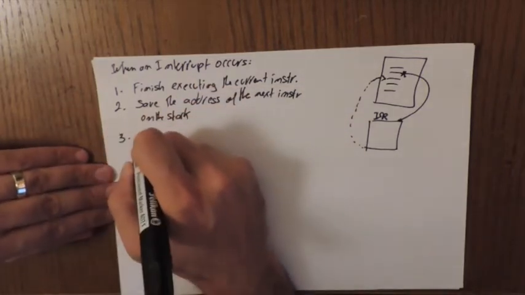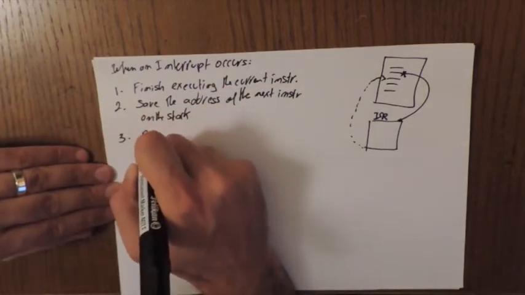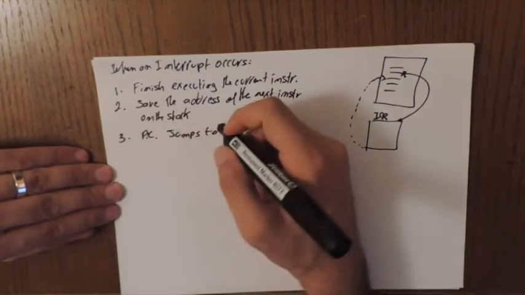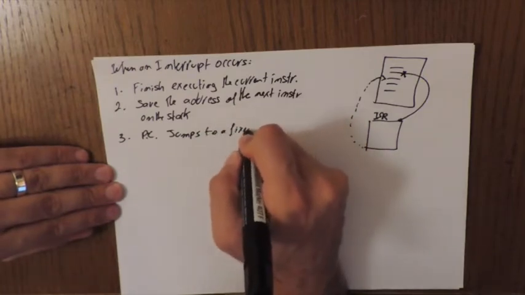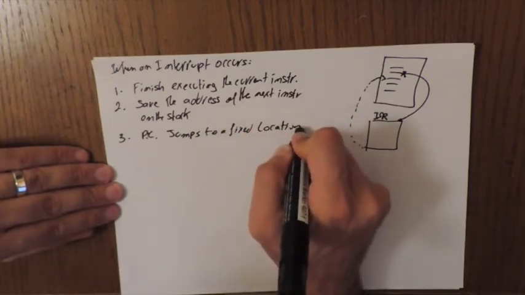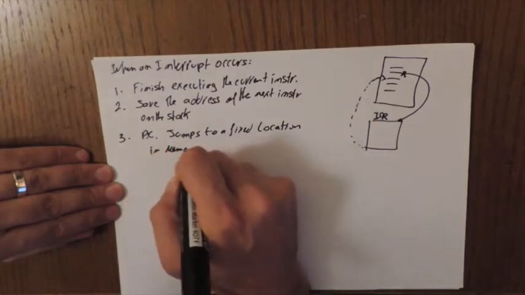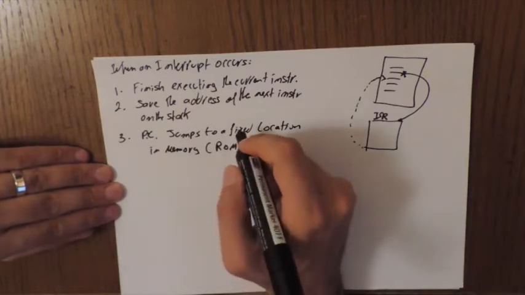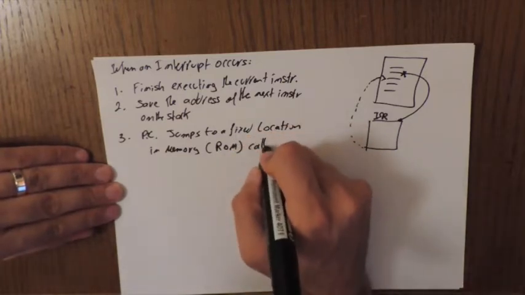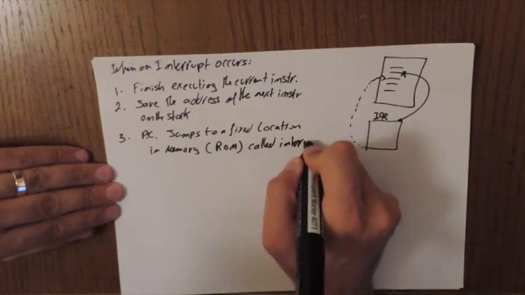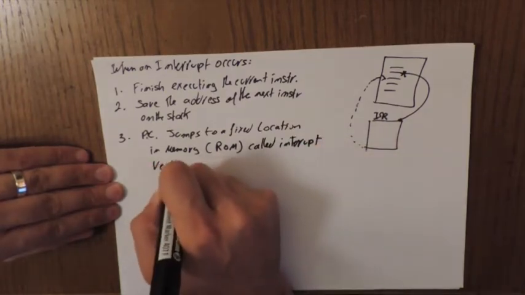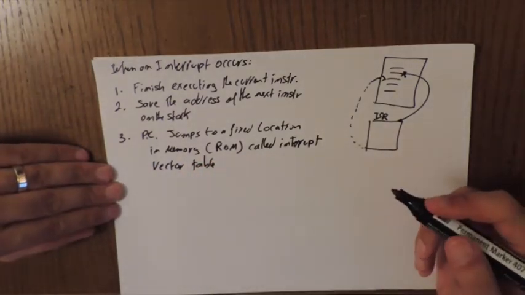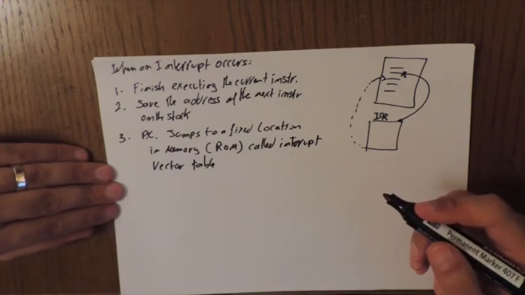Third, the program counter, PC, jumps to a fixed location in program memory, or ROM, called the interrupt vector table. Remember, I have multiple sources of interrupt: the ADC, different timers, different serial components.